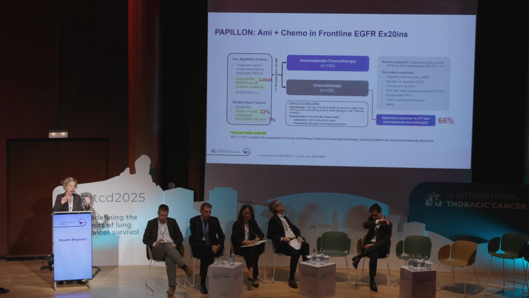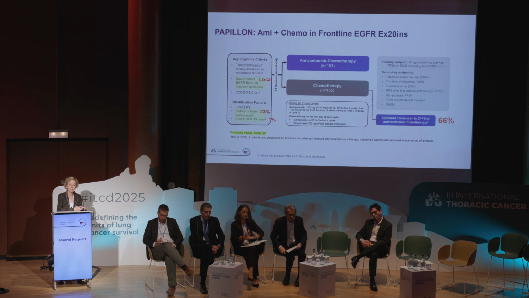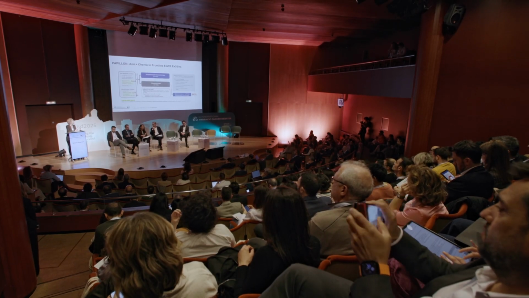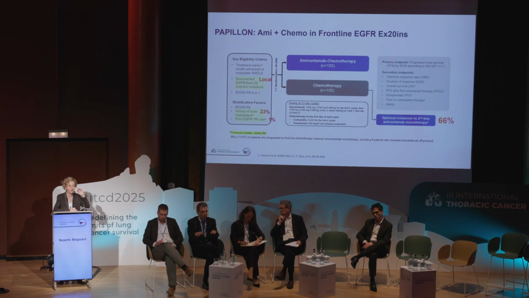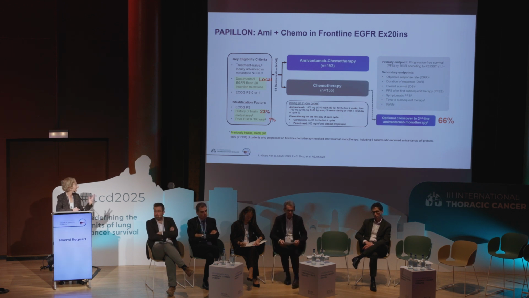And this led to the hope that maybe using amivantamab combined with something and moving it to the first-line setting could improve response, could improve outcomes, could improve progression outcomes for patients with exon 20 insertions. And that was explored in the Papillon trial. I'm sure you are all aware of this trial, but I only want to remind you of a few things. The first thing, the stratification factors: ECOG-PS, brain metastasis, and also prior TKI use.